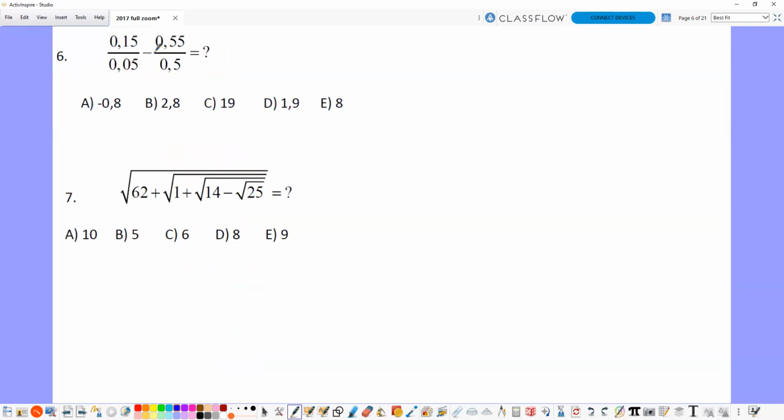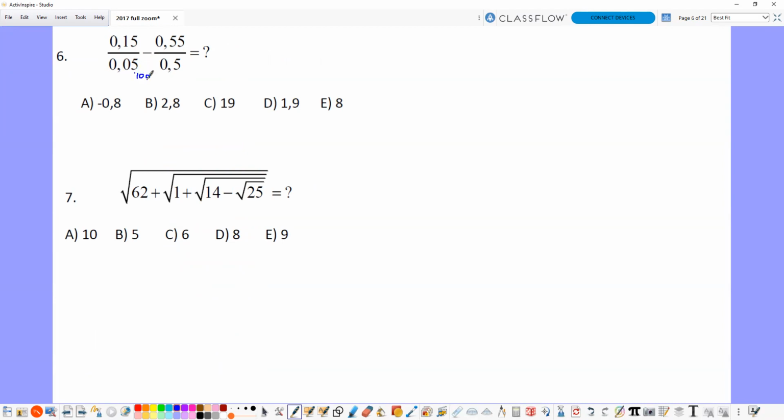The sixth question is related with fractions and decimals. We need to get rid of the decimals here. To do that, we choose the smallest decimal. Let's say here the smallest decimal is 0.05. So to get rid of the decimal point, I need to multiply this by 100.